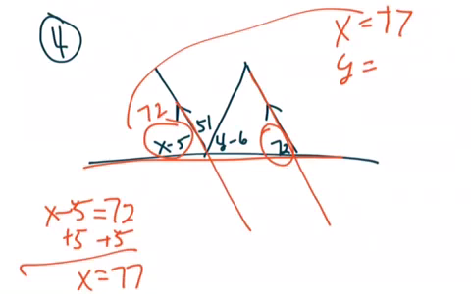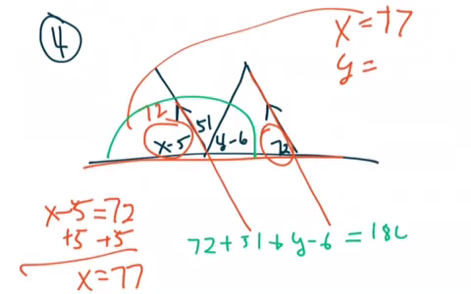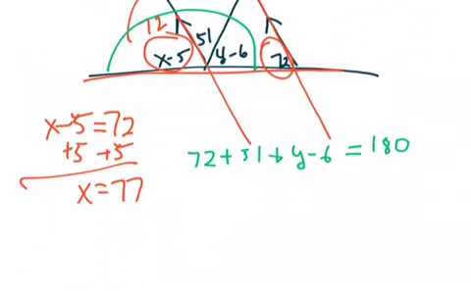So this entire line from here to here is 180 degrees. So we'll have 72 plus 51 plus y minus 6 equals 180 degrees. So solving for y, 72 plus 51 is 123 plus y minus 6.